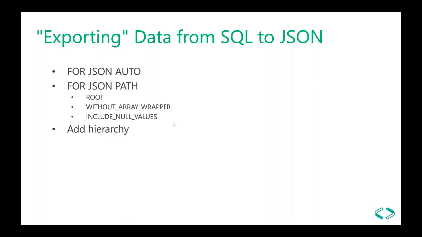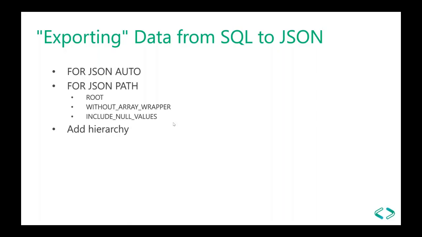It's just not there. For example, maybe you got Madonna as your customer and she doesn't have a last name, so the customer last name is null, and you don't want that null value in there. It just won't be there. If you do want to actually show null, you have to specify include null values.